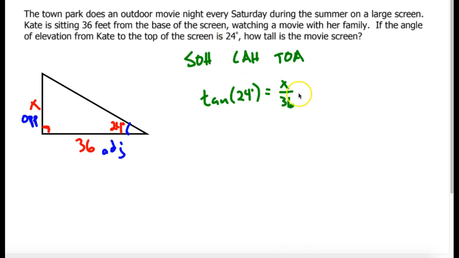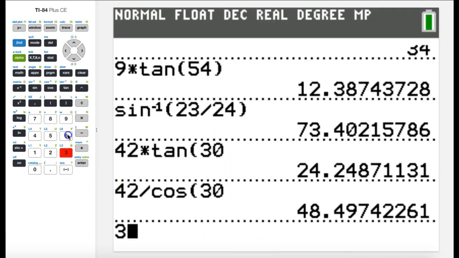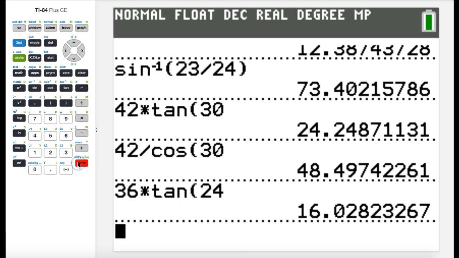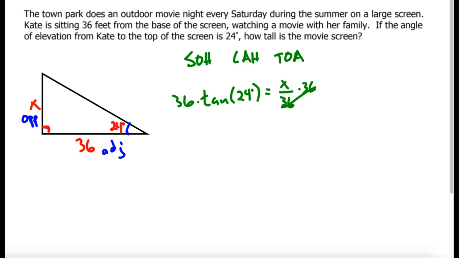And then to solve for x, all I need to do is multiply both sides by 36. These will cancel. And I will put 36 times the tangent of 24 into the calculator. And we get that the movie screen has a height of 16.0 feet.